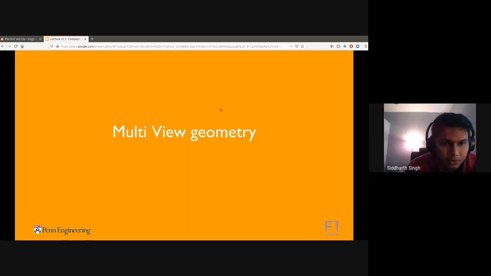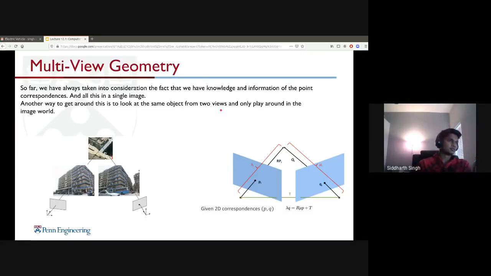The first thing we'll talk about is multi-view geometry. As the name suggests, so far with single view geometry we had one view. Now we will be talking about multiple views. A very simple path to begin with would be two views.